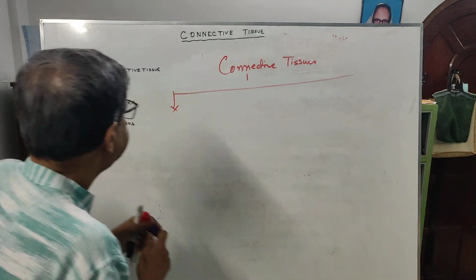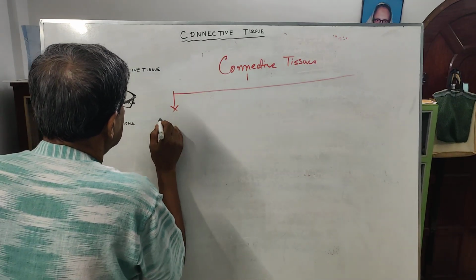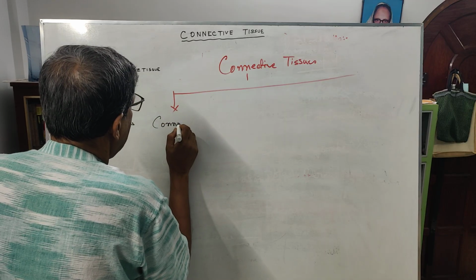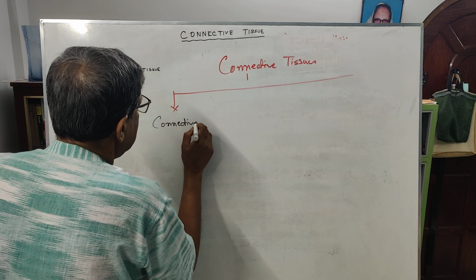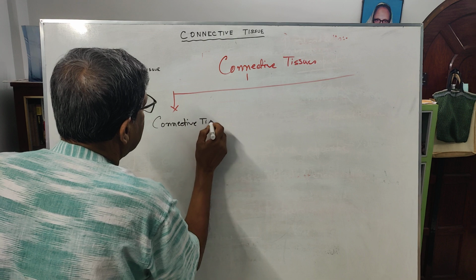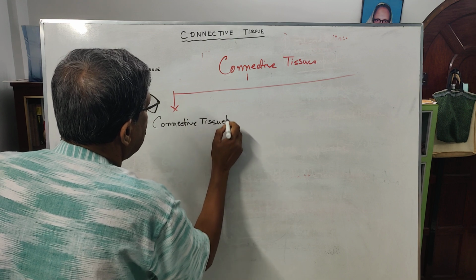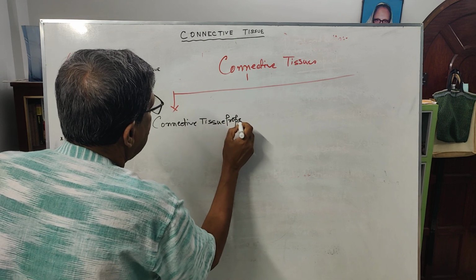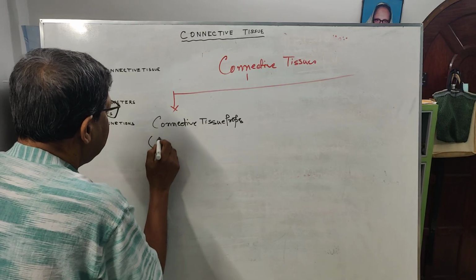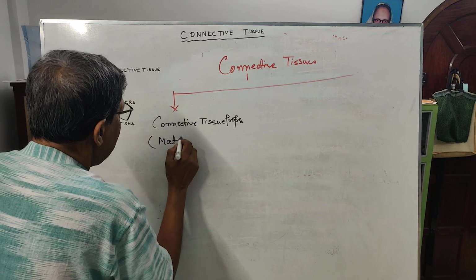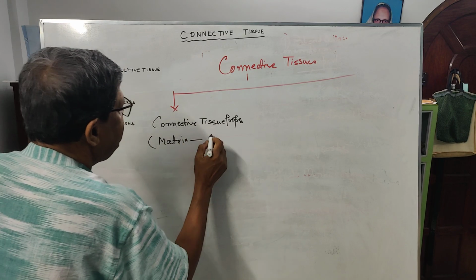Number 1, connective tissue proper, matrix jelly-like.